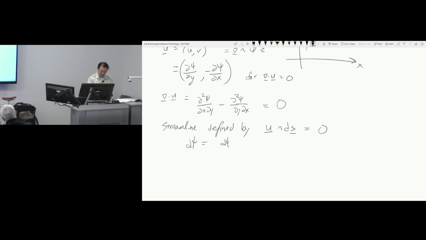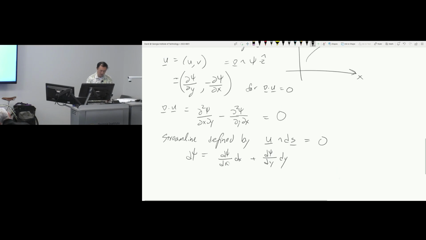So d psi is d psi dx times dx plus d psi dy times dy. By the definitions of psi with respect to u and v, d psi dx is negative v, and d psi dy is u.